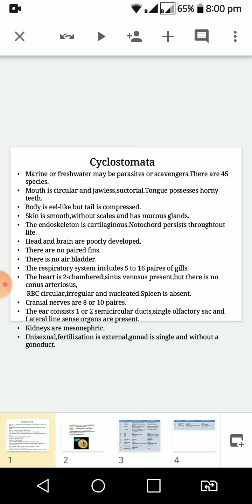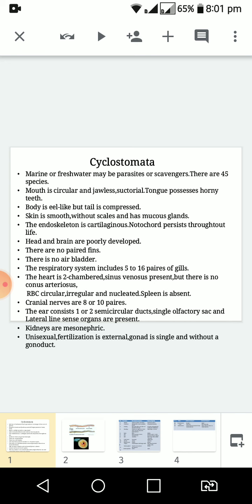The head and brain are poorly developed, and there are no paired fins. There is also no air bladder, which is an important feature.